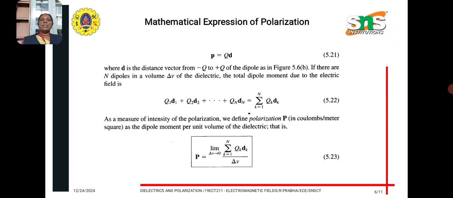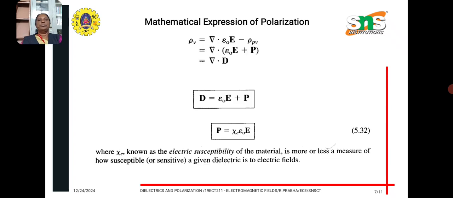As a measure of the intensity of the polarization, we define polarization P in coulombs per meter square as the dipole moment per unit volume of the dielectric. That is, P is equal to limit del V tends to 0 of summation i equals 1 to n Qi Di by del V.